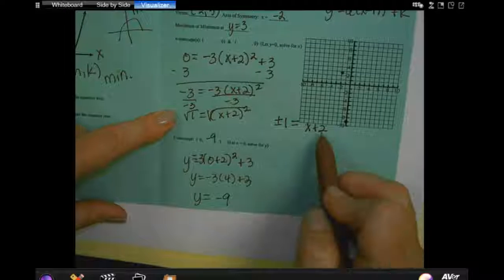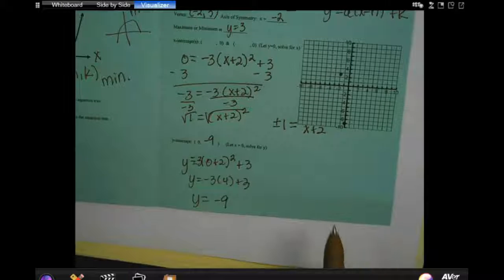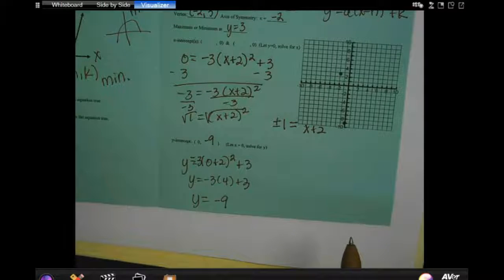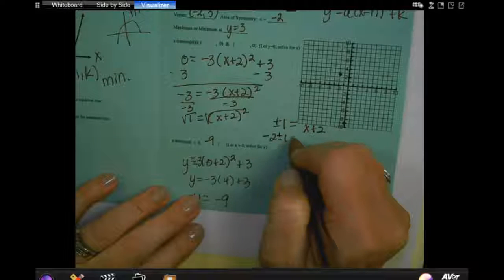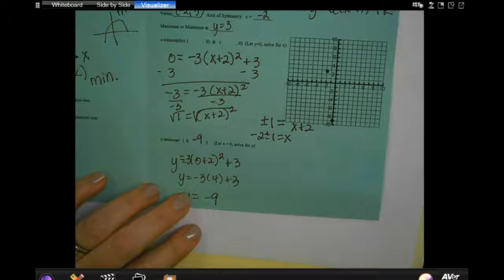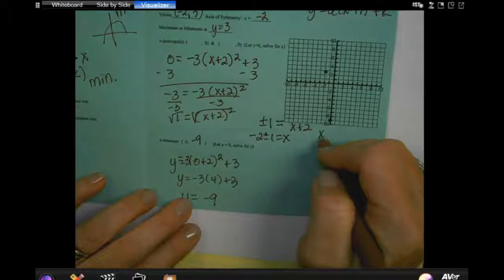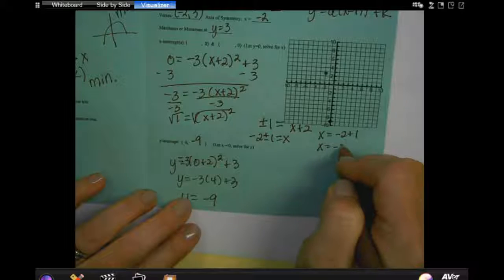So the last step to get the x by itself is to subtract the 2. And I'm going to move it to the front because we have to do an add and a subtract. So I'm going to have negative 2 plus or minus 1 equals x. So I'm going to get two answers. I'm going to get x equals negative 2 plus 1 and x equals negative 2 minus 1.